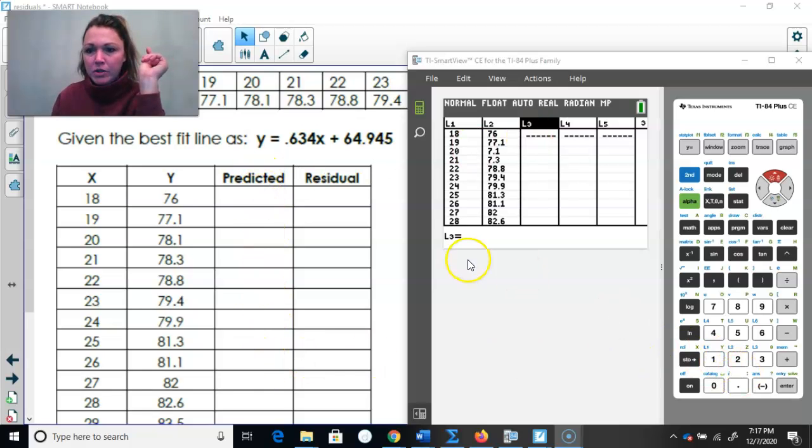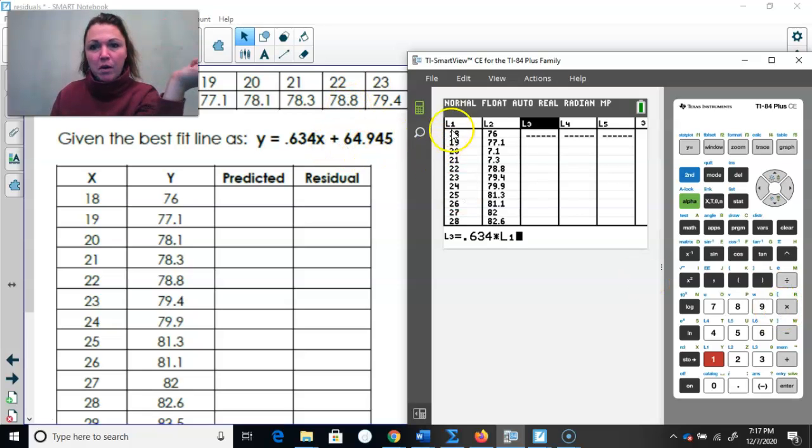So watch what I'm going to do. L3 is equal to, because it's highlighted, 0.634 times x. I am not going to write x. I'm going to put times second 1. So I'll show you the buttons again, 0.634 times x.